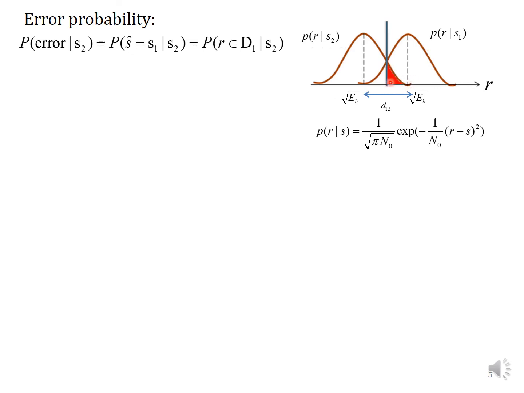This red area is actually infinite, extending to positive infinity. So this red area represents the error probability when S2 was sent.